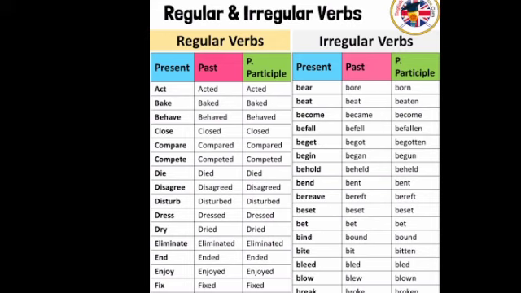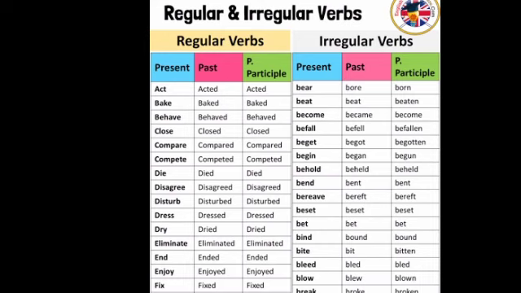See children, regular verbs. In present tense, act. The word act is in present tense and its past form is acted. That is act plus ED, acted. And the past participle form is also acted. That is act, acted, acted. Bake, baked, baked. Behave, behaved, behaved. Close, closed, closed.